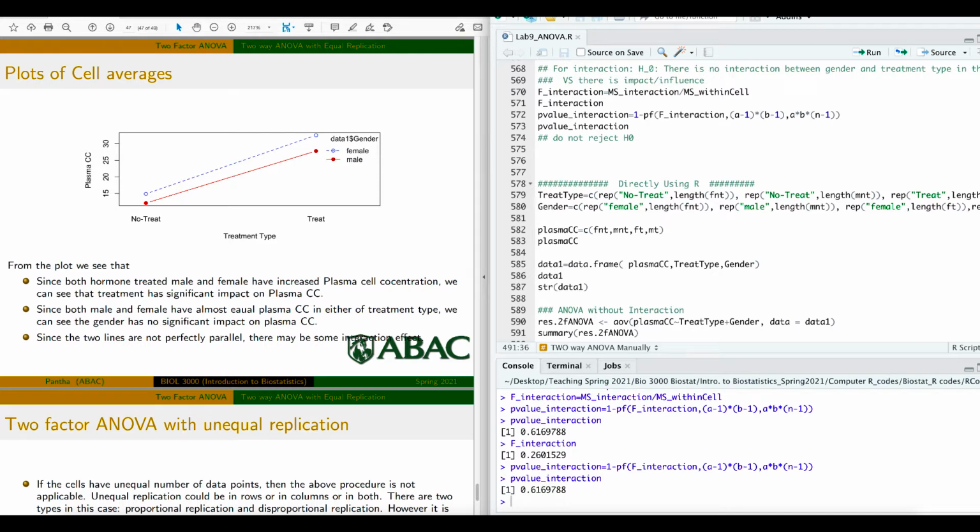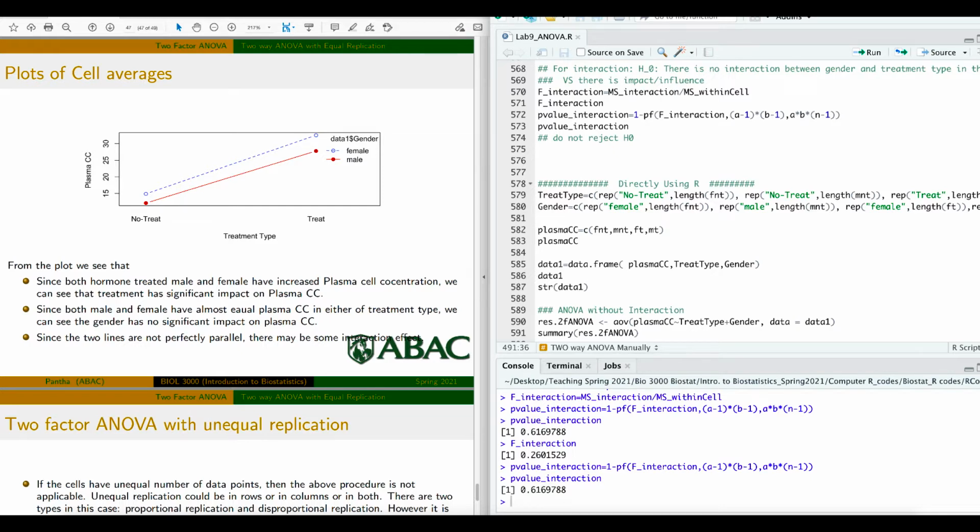Or if you plot the average of each of the columns, not the cells, and the average of each of the blocks, then you can kind of see whether there will be interaction or not, or whether the column means are equal or not, or whether the block means are equal or not in the population. You can kind of make some guess.